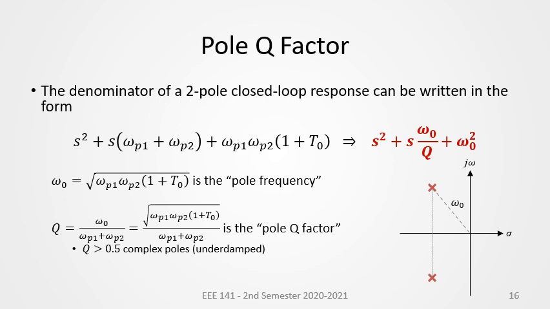A Q that is greater than 0.5 means that the poles are complex conjugate pairs, or we have an underdamped system.